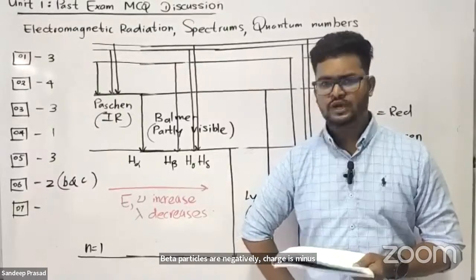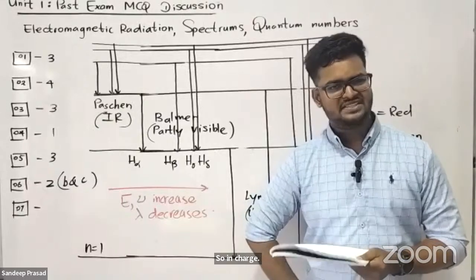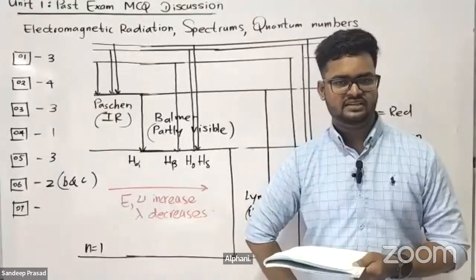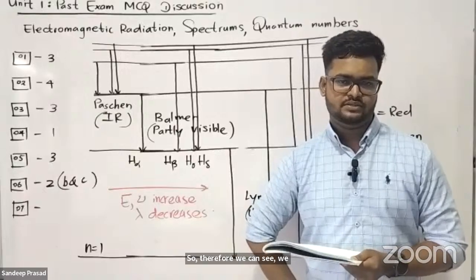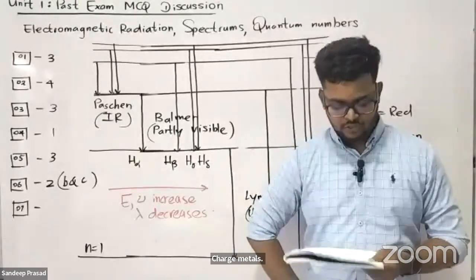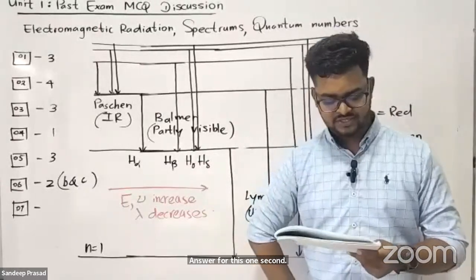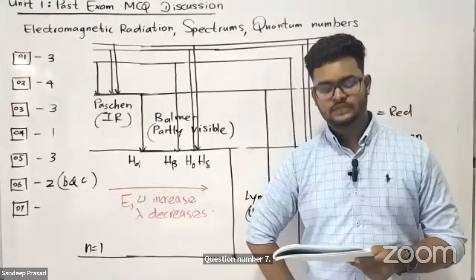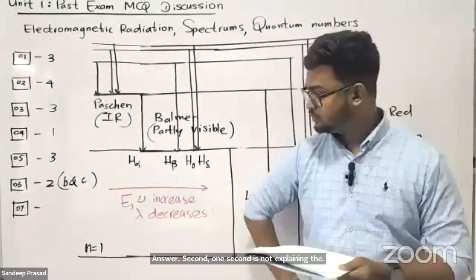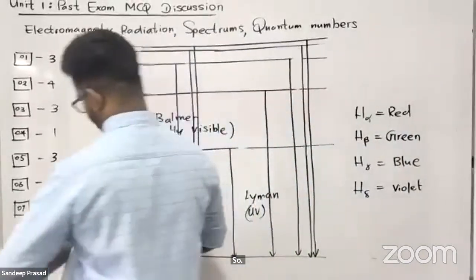So charge-wise, who is greater? Alpha. So we can say that here charge matters. Therefore the answer for question number 7 is the second one. The second statement is not explaining the first one properly.